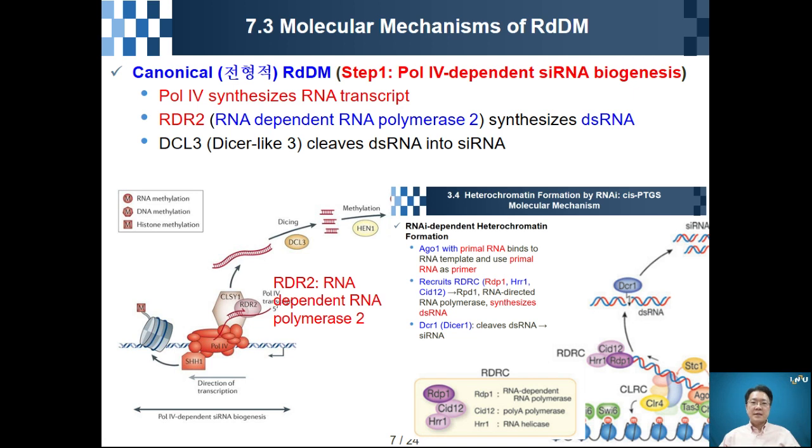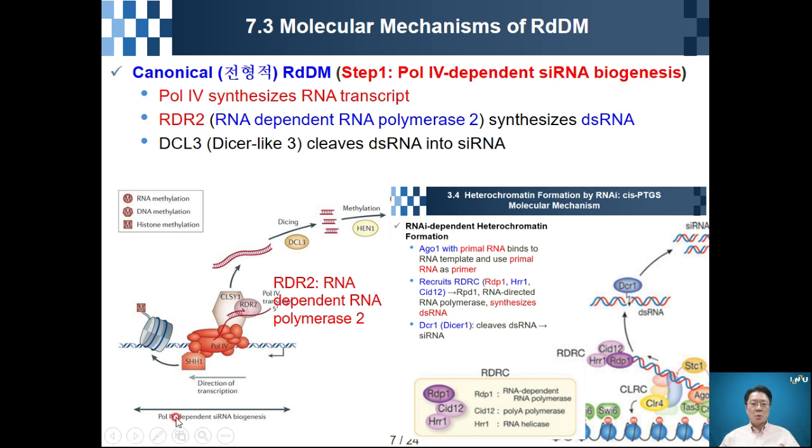Canonical RdDM is composed of three steps: step 1, step 2, step 3. Now we will focus on step 1, polymerase 4 dependent siRNA biogenesis.